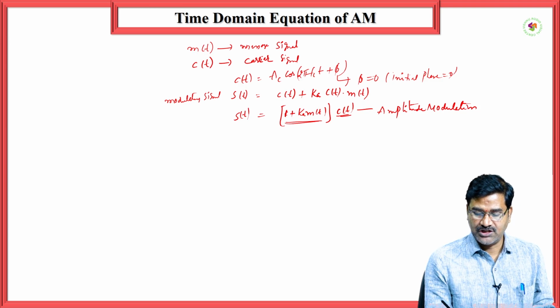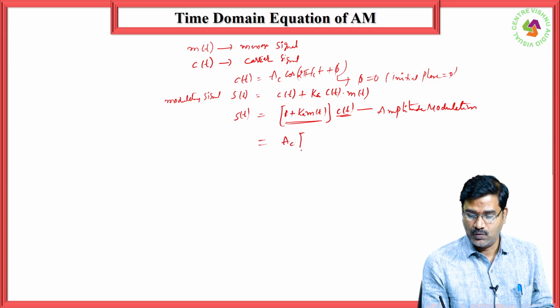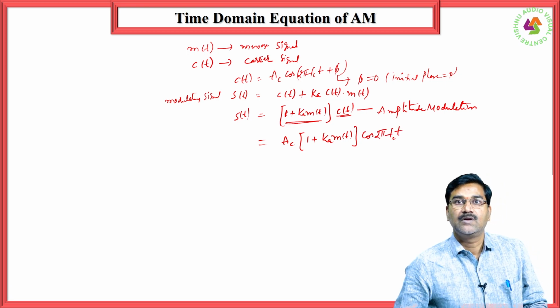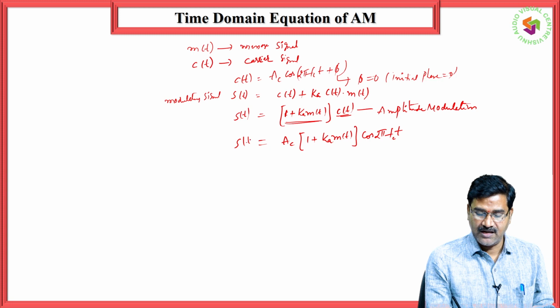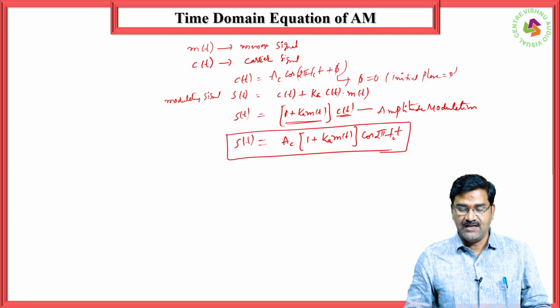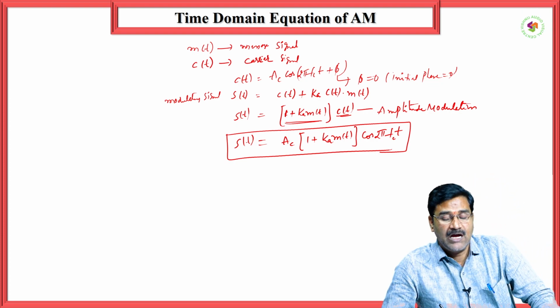Now if I substitute C of t here, then I can write this as Ac into 1 plus Ka M of t into cos 2 pi Fc t. This is the standard AM equation where M of t is the message signal and Ac cos 2 pi Fc t is the carrier signal with frequency Fc.